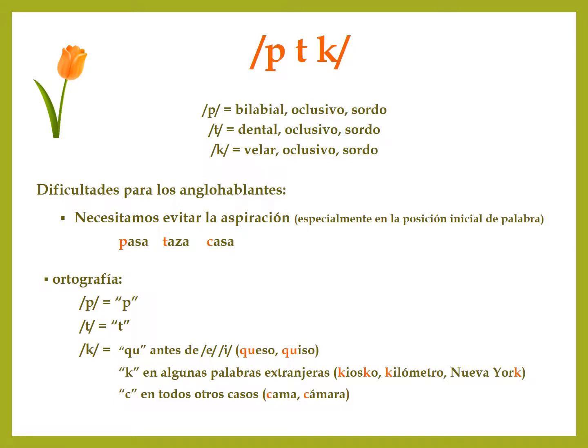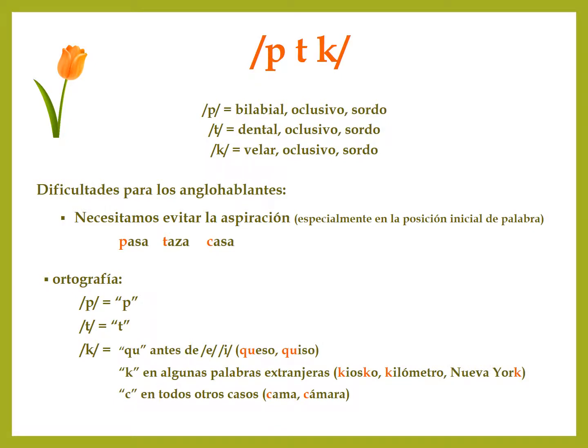K. La letra K en el alfabeto español, lo siento, it doesn't exist. No es parte natural del alfabeto del español. Pero hay unas palabras extranjeras, y extranjeras son palabras que tomamos de otras lenguas.